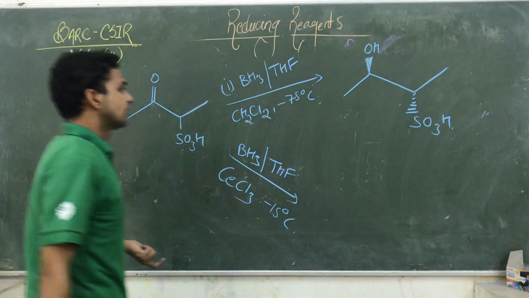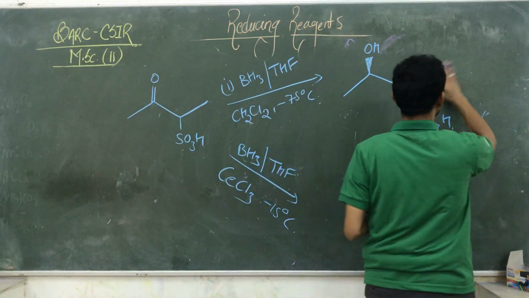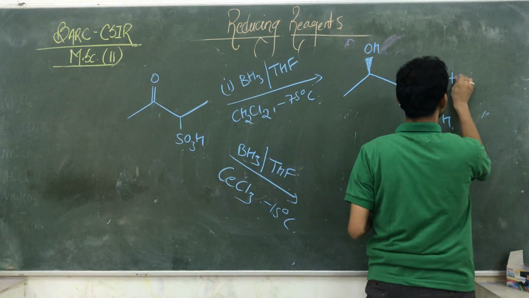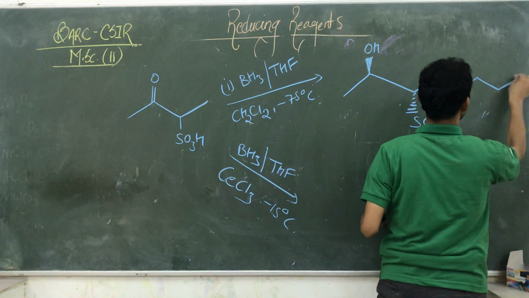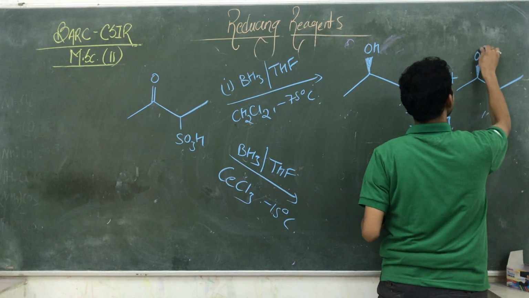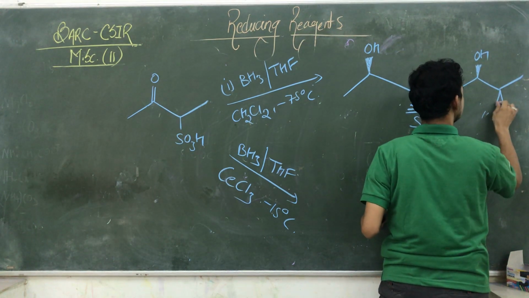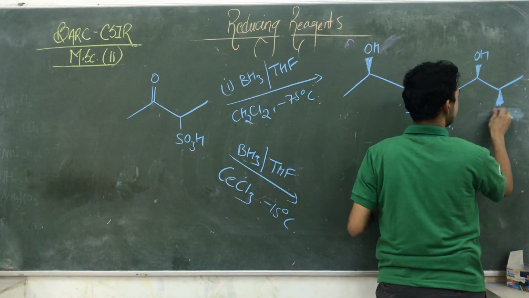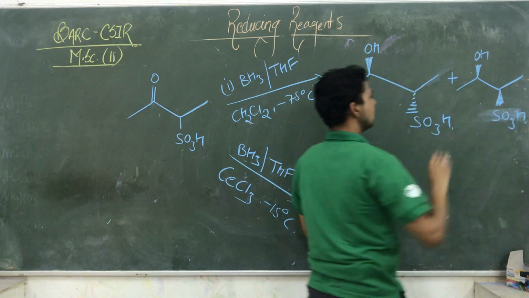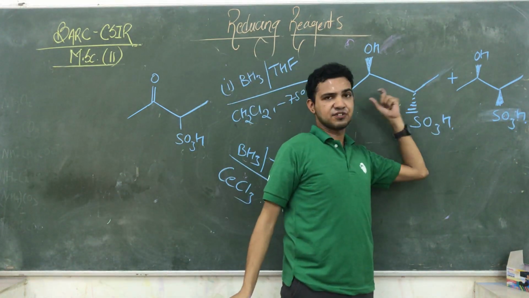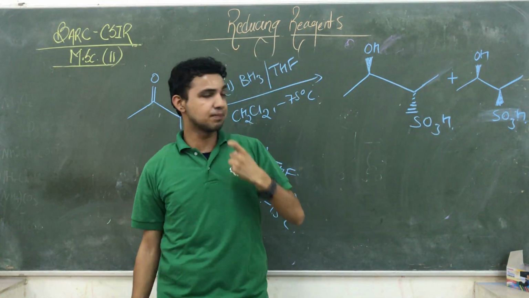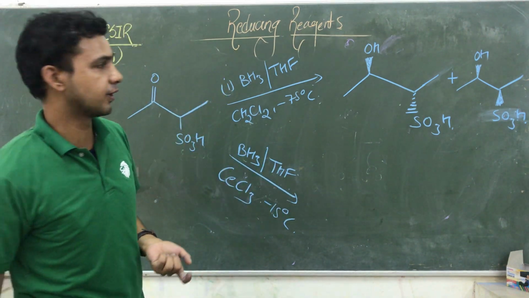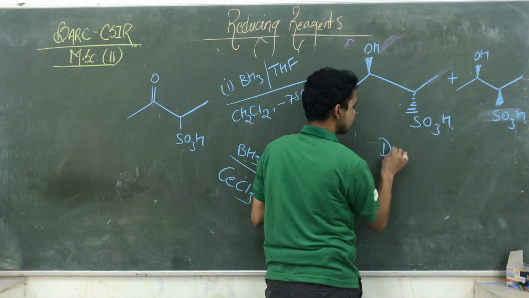So simultaneously we are also getting OH as well as SO3H. What is the difference between them? They have the same molecular formula but differ in their orientation, which is known as a diastereomer.